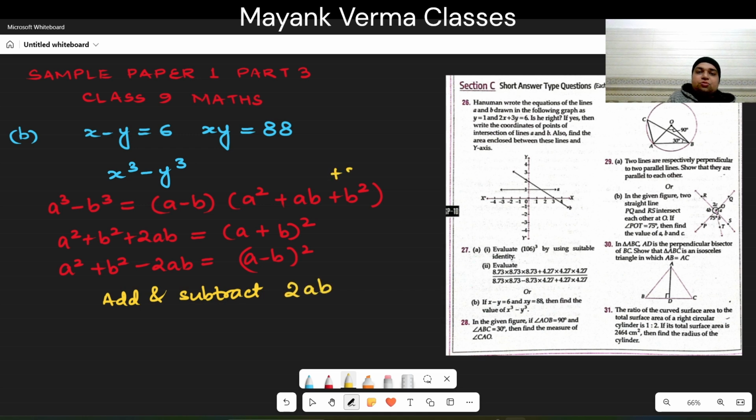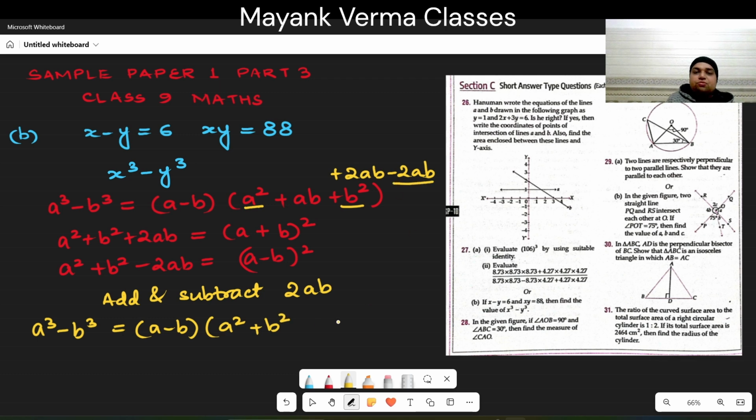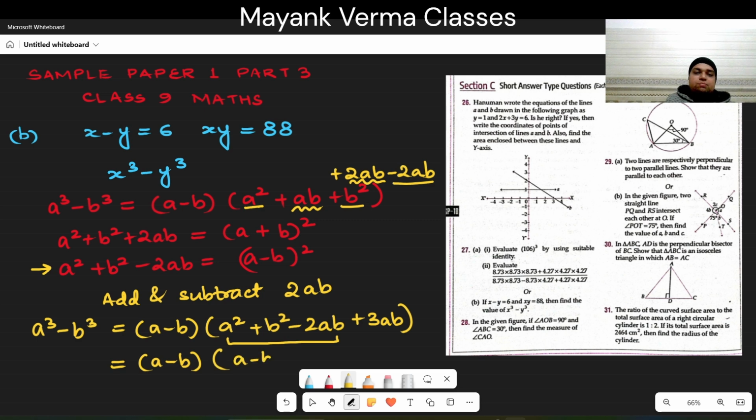Here I just added 2ab and subtracted 2ab in the bracket itself. So a cube minus b cube will become a minus b times a square plus b square minus 2ab, and this ab and this 2ab will become 3ab. Now this thing will become this identity, so I can write it down as a minus b times a minus b whole square plus 3ab.